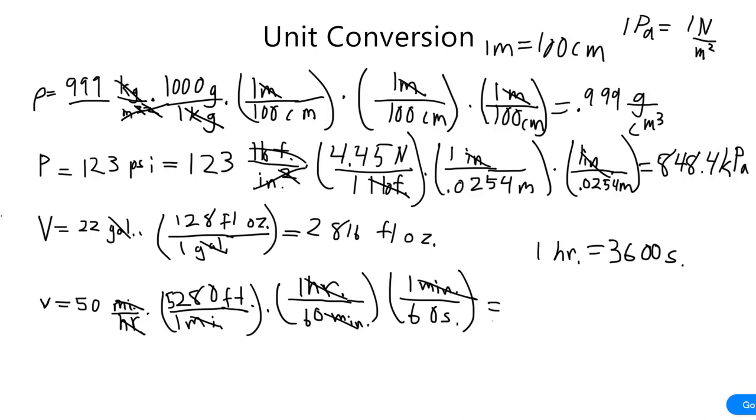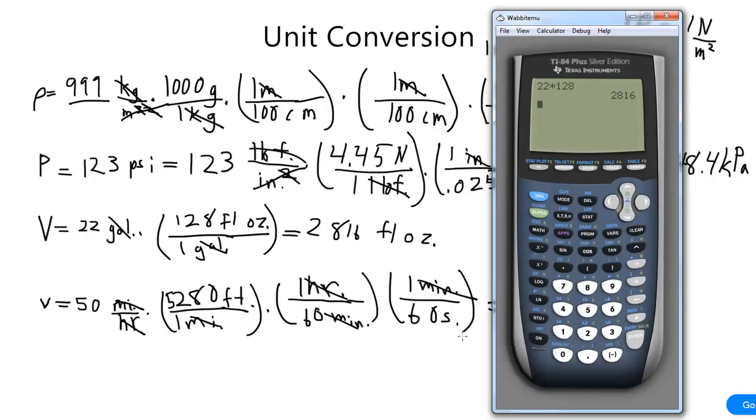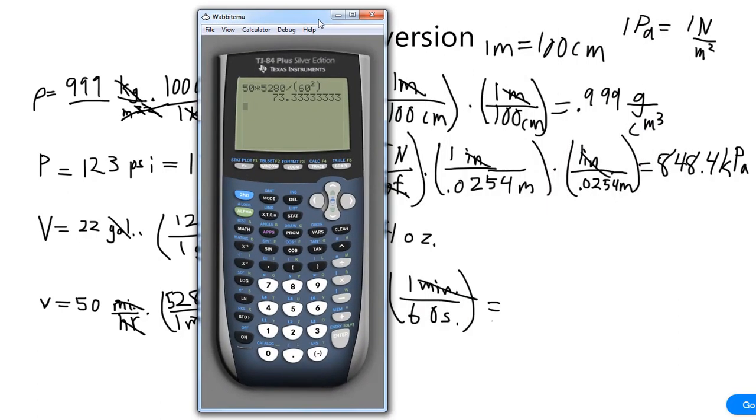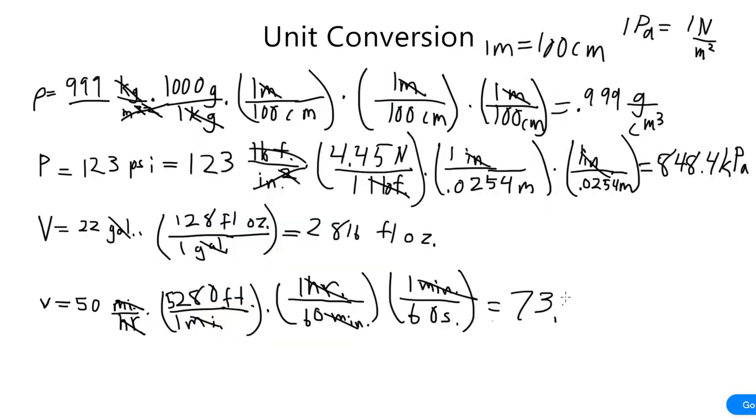So now we can get our answer, but let me erase this real quick. Okay, so now to our calculator. So it's going to be 50 times by 5,280 divided by 60 squared. And there we go. 73.3 feet per second. So that's it in the end.